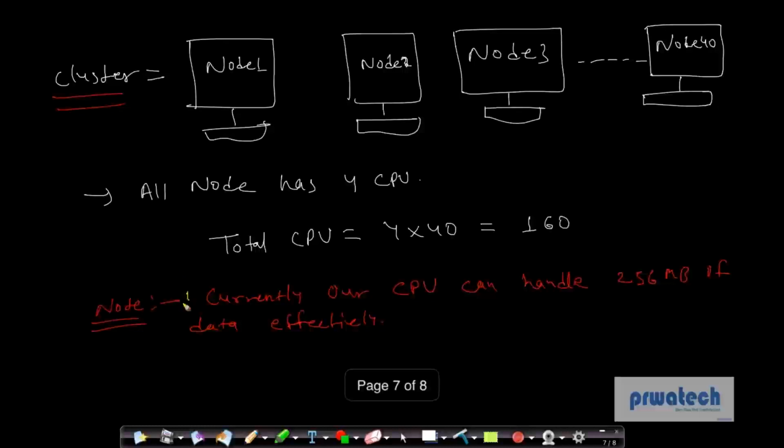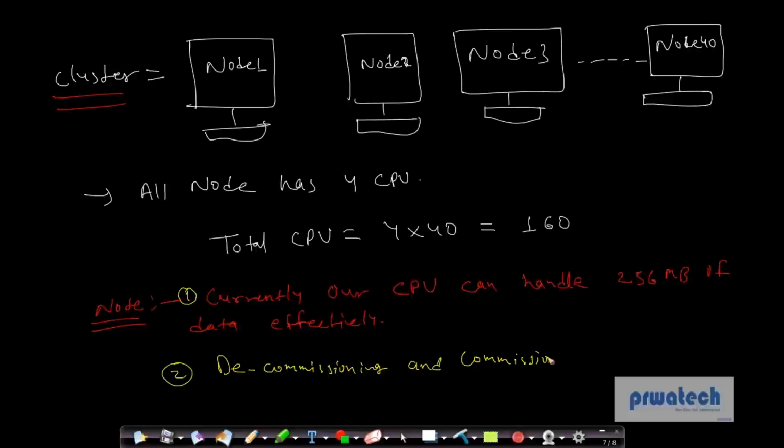Let me write it as note number 2. Decommissioning, which is removing your node from the cluster, and commissioning, which is adding one; we are only doing these with slaves.